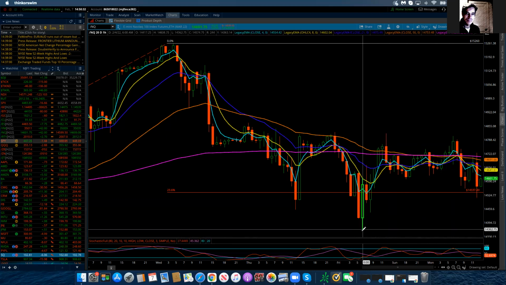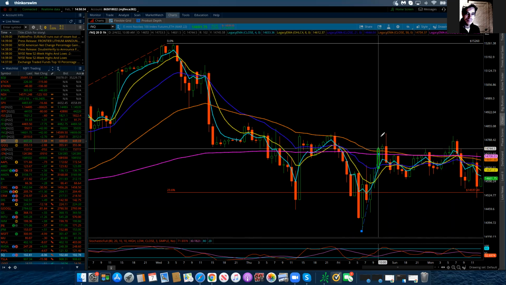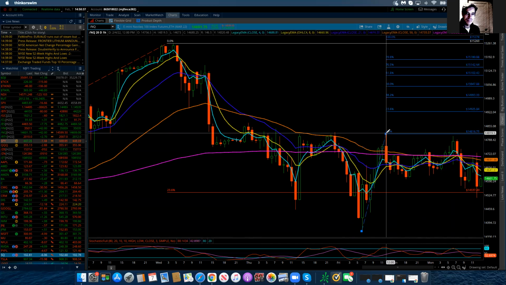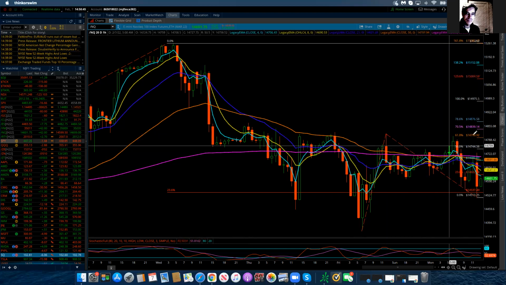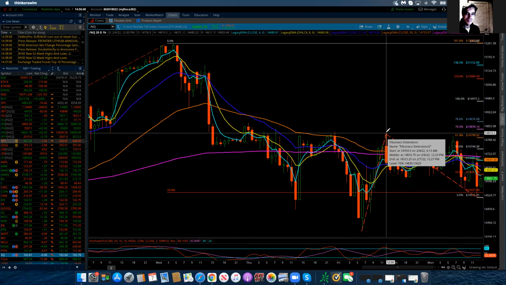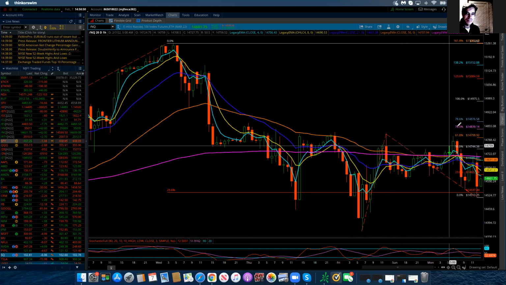And I will put some quick Fibonacci's on here that might suggest levels. But again, I don't particularly like the way it would be counted. But if we were just to do straight Fibonacci, we would be looking for it to come above 14,819.